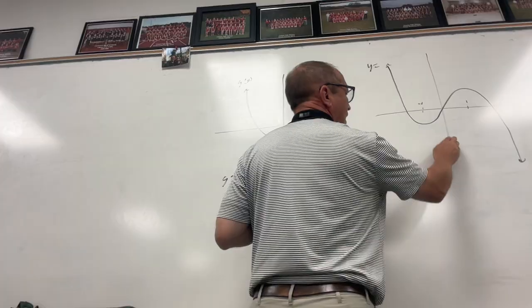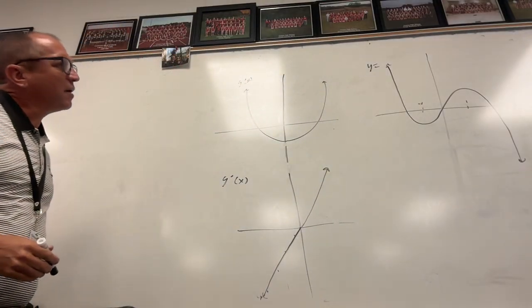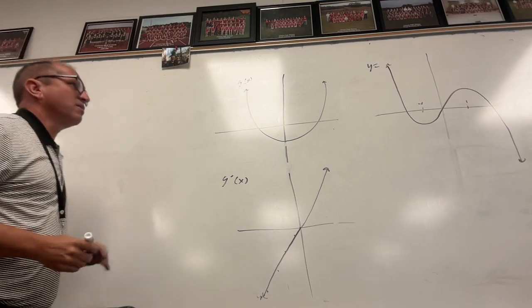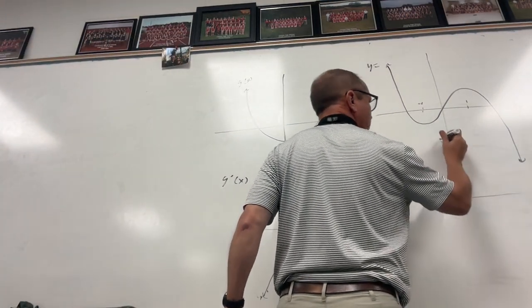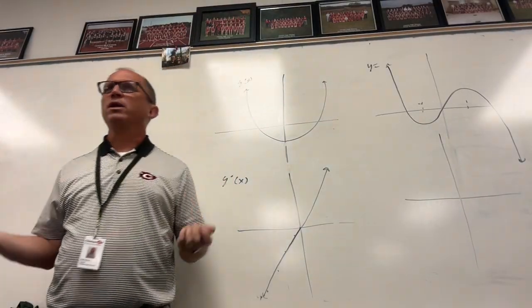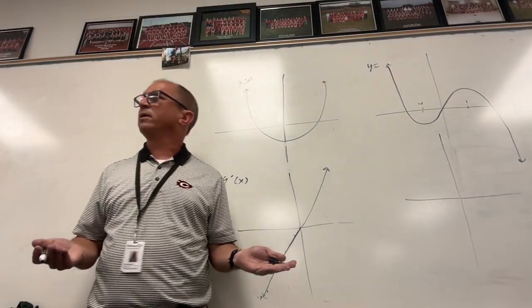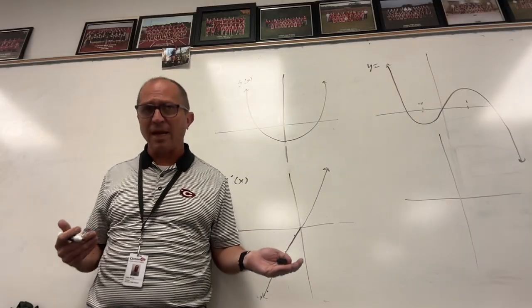So what's in common everywhere to the left of negative 1? Decreasing, right? We're decreasing everywhere to the left of negative 1. So what do we know about the derivative values when we're to the left of negative 1? They're going to be negative.